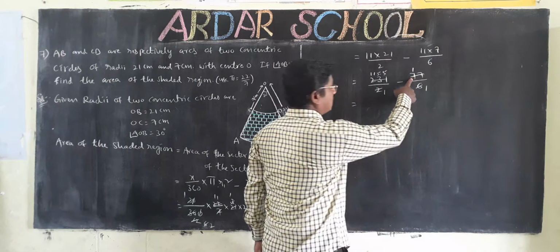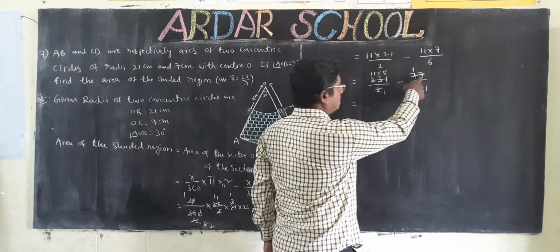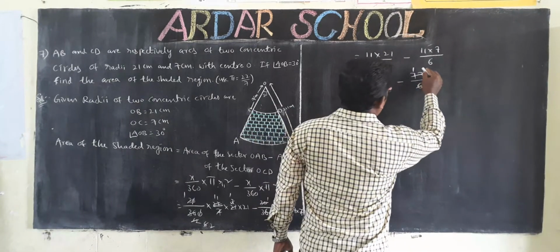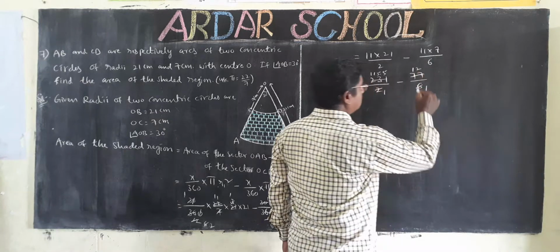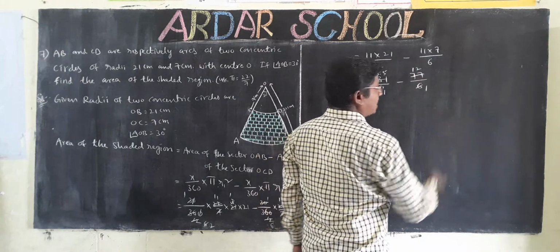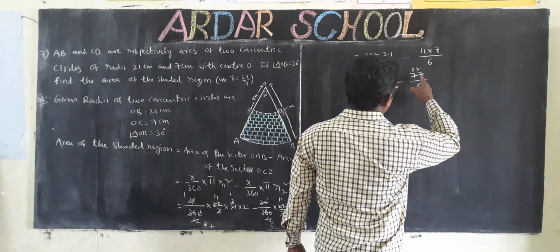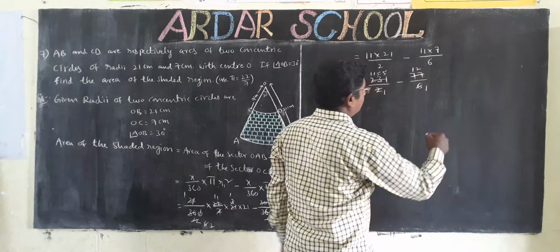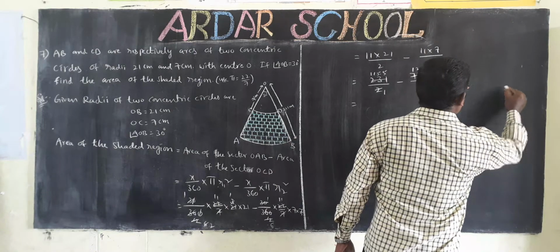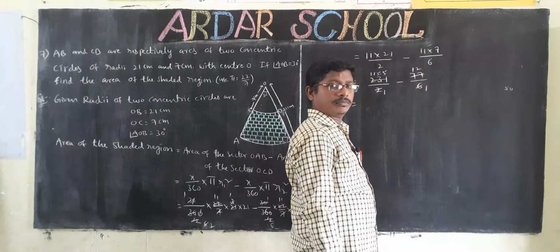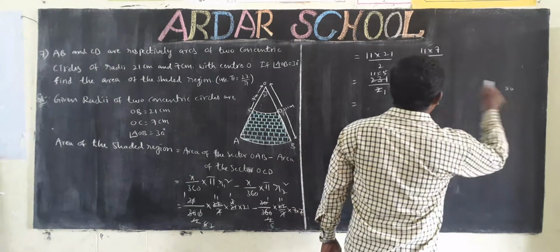Here 6 ones are 6, 1 is left, 17, 6 twos are 12, 17 minus 12 is 5, take 0, 50.